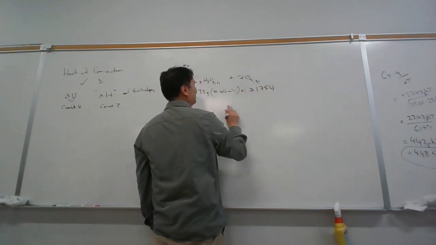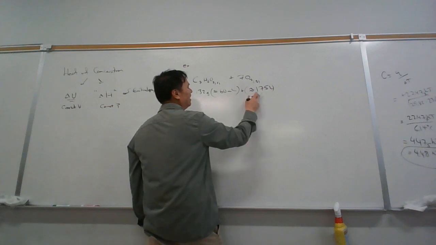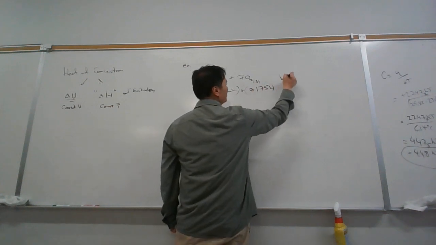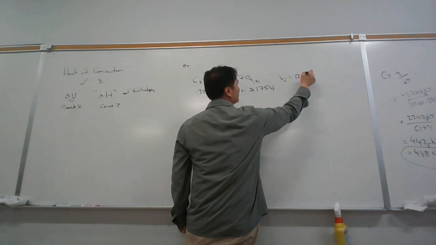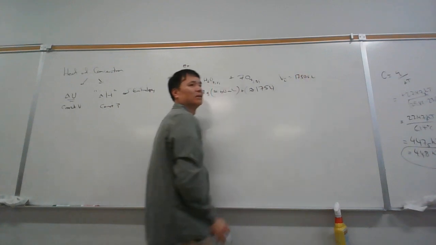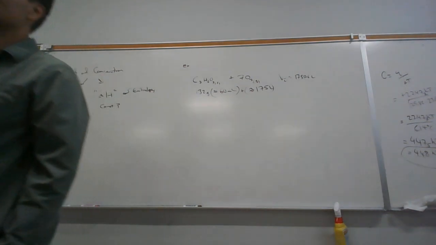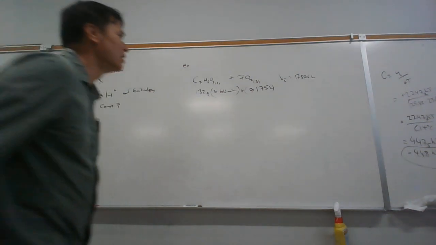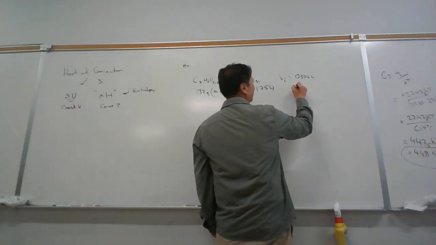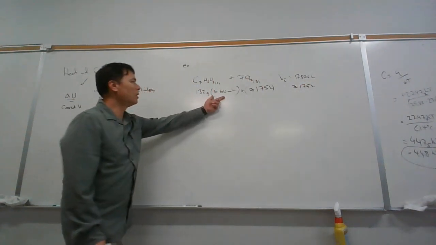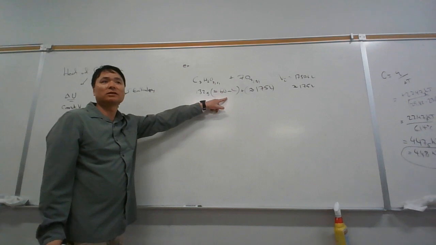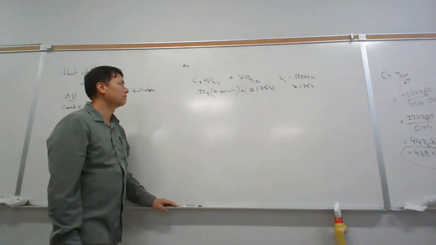So if I take these together, the initial volume, V initial, is going to be 175.06 liters, or about 175 liters. I don't think we can be this precise, so we'll just say about 175 liters, because the volume of the solid is so small compared to the volume of the gas.